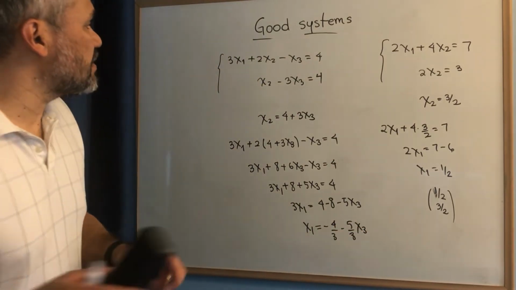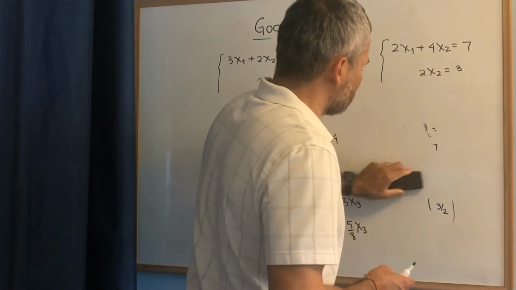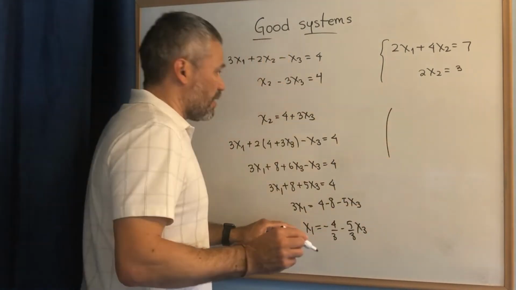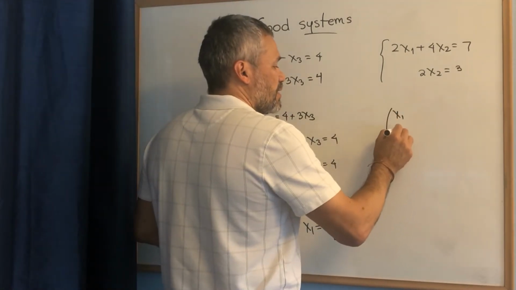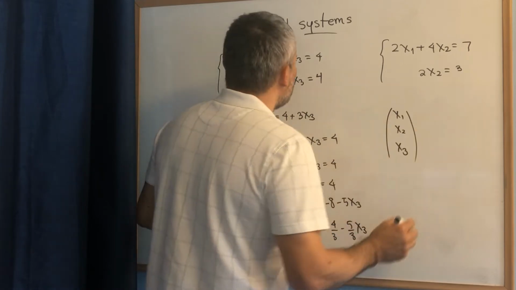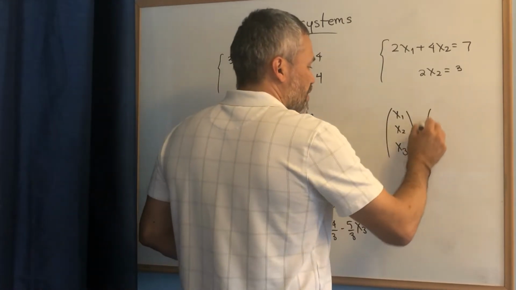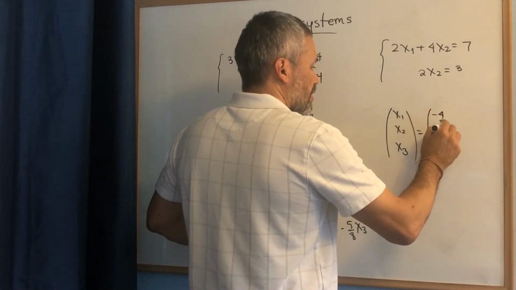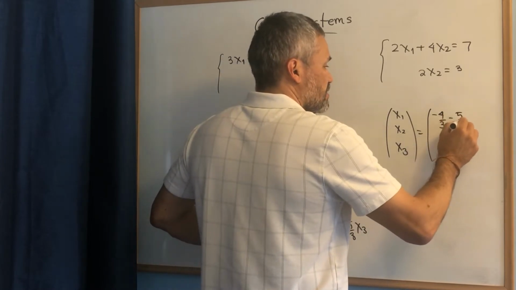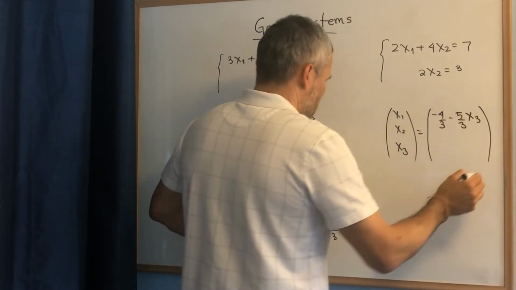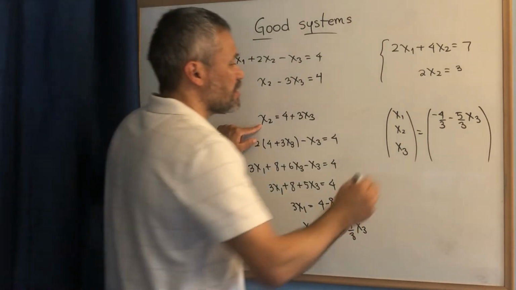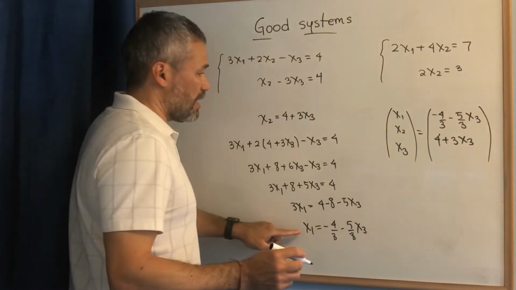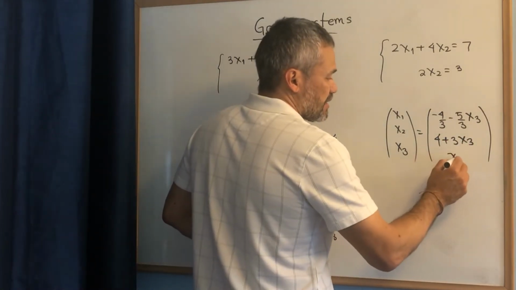Then, in this case, the solution set is going to be given by, we say like x1, x2, and x3. But we notice that x1 is negative 4/3 minus 5/3 of x3. x2 is 4 plus 3x3, and x3 is just any number.